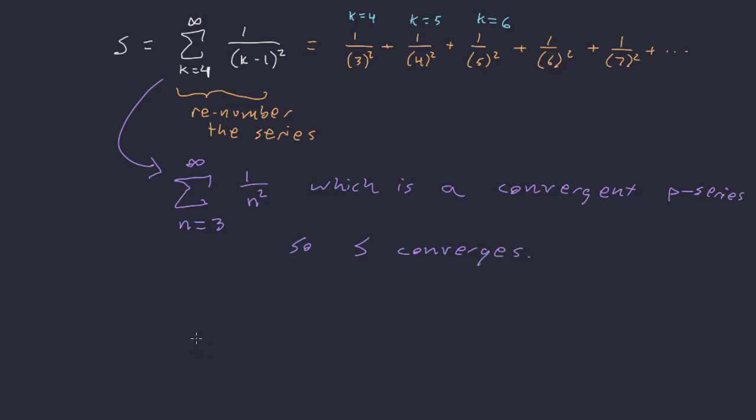Now we could use the integral test here if we wanted to. If we just took the integral from 4 to infinity of 1 over (x minus 1) squared dx, the integral ends up being, with a quick u substitution, negative 1 over x minus 1, then I divide by the derivative of the inside, which is just 1.